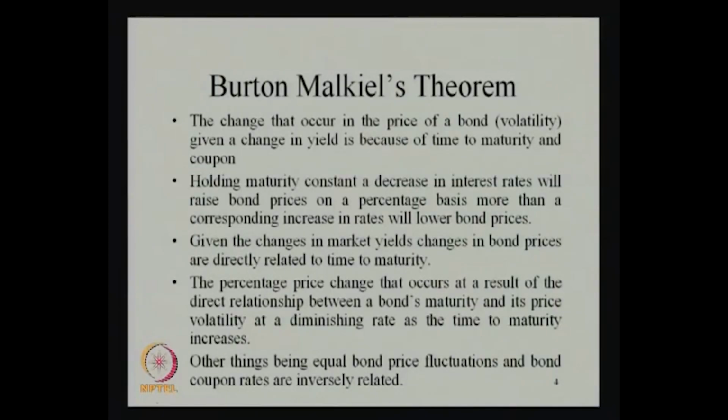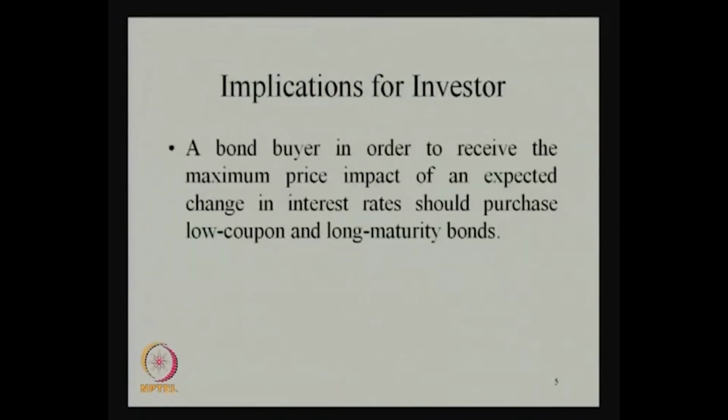If you increase your interest rate by 1%, whatever price volatility you can observe will be less than if you decrease your interest rate by 1%. That means it will be more reactive towards the declining trend than the increasing trend. So, these are the different Malkiel's theorems that we have observed.